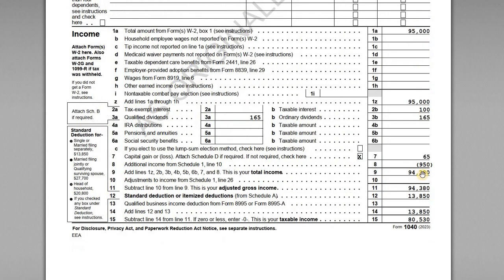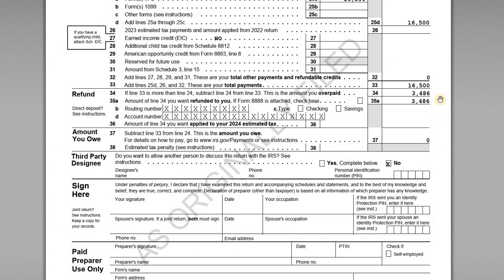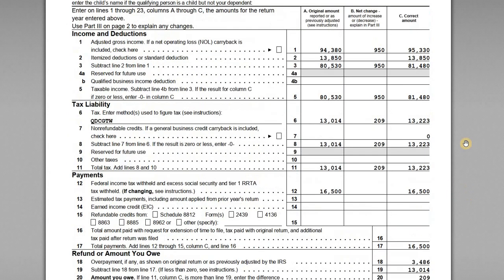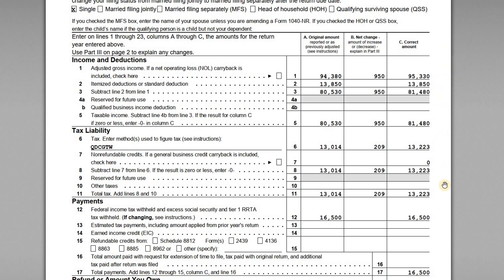On the original tax return, if we look at our refund, it was $3,486. So we've inputted $3,486 on line 18, and now it's a matter of figuring out the correct amount in column C, and then we report the net changes in column B. Column C has changed because we removed the $950 deduction. Our AGI increased to $95,330.